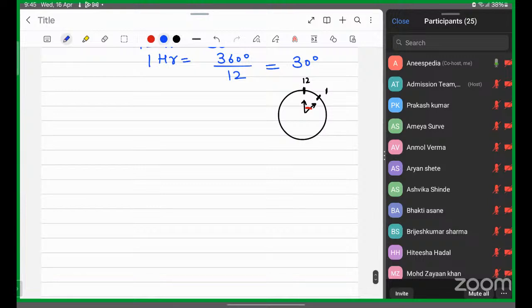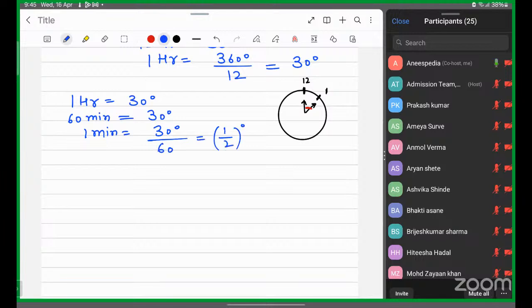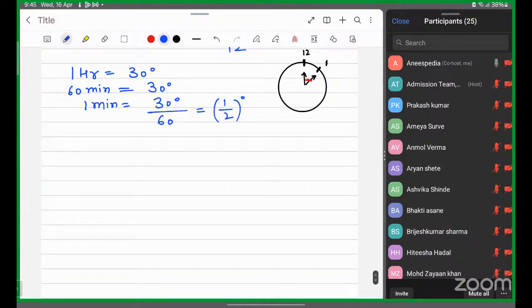Now, if you convert the time into minutes for the hour hand, 1 hour is 30 degrees. In 1 hour, we have 60 minutes. So in 60 minutes, the hour hand travels 30 degrees. In 1 minute, it will travel 30 degrees divided by 60, that is 1 by 2 degree, which is very less.